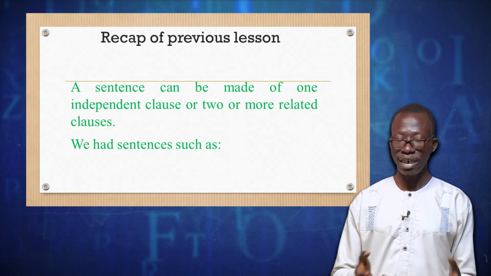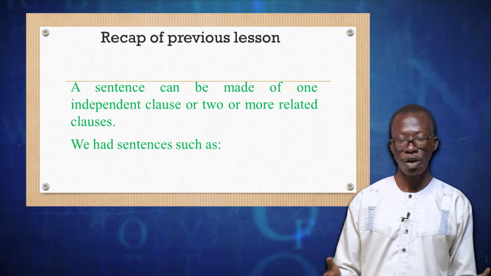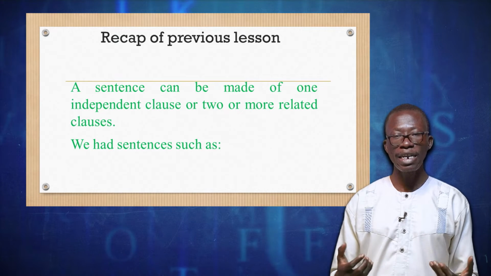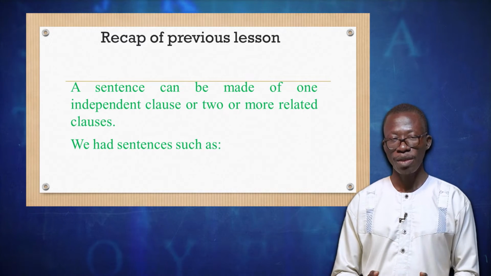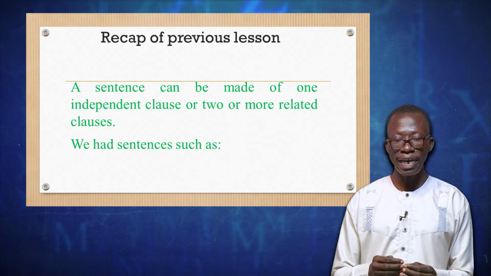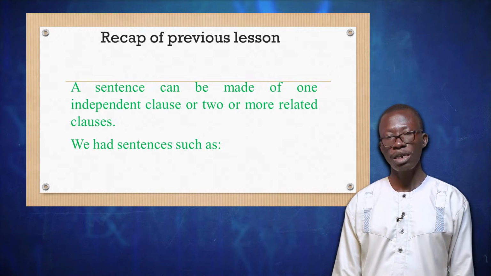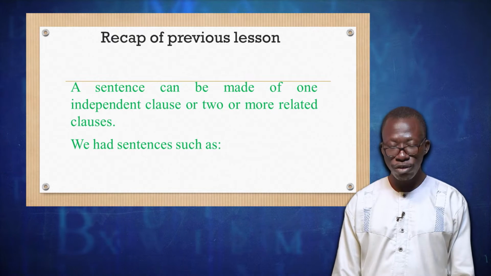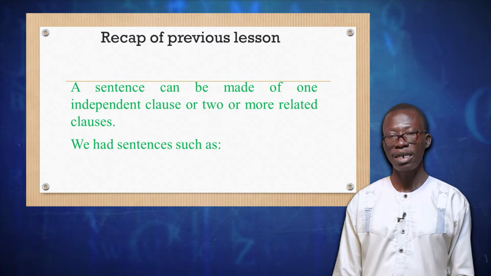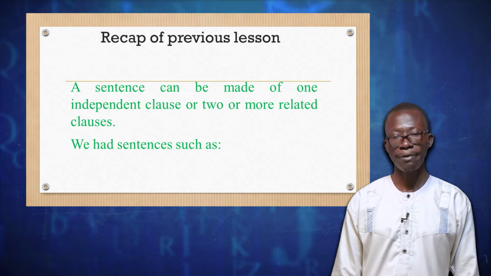You can also have a sentence that is made of not only one clause, but 2 or more clauses, but these clauses are related in a certain way. Some kind of relationship exists between them to qualify them as a sentence. So these were the things we mentioned, and we need to have these things in mind as we keep on building upon the topic.